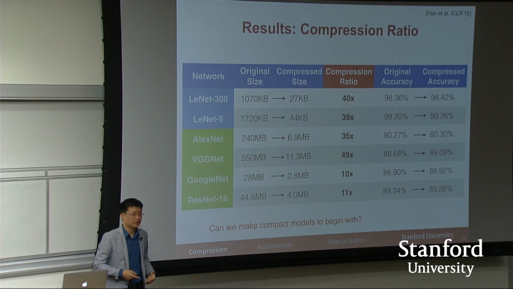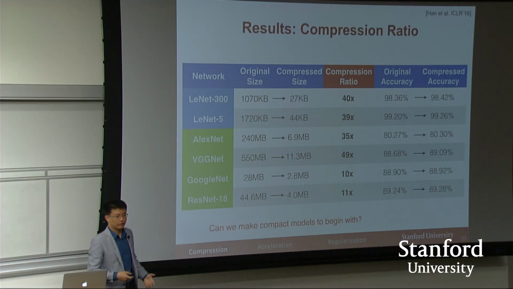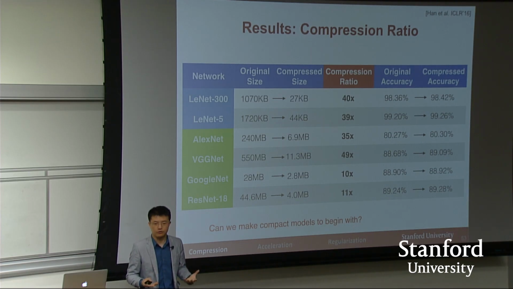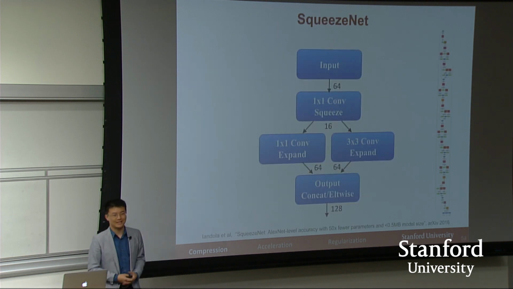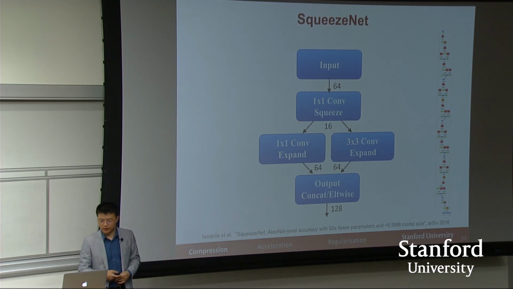So the next question is, these models are just pre-trained models by, say, Google, Microsoft. Can we make a compact model to begin with, even before such compression? SqueezeNet, you may have already worked with this neural network model in a homework.